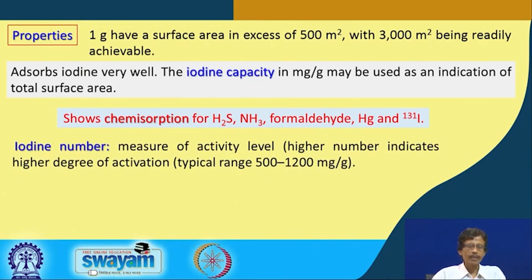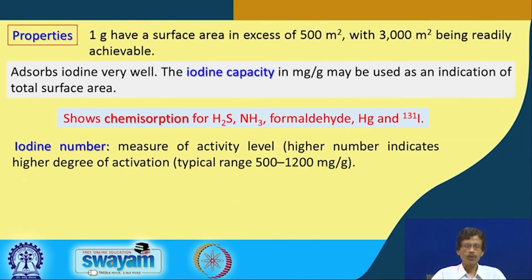Once we get that particular capacity, that reactivity, that means it can adsorb iodine. So we can determine the iodine number for any kind of activated carbon we have prepared. It basically measures the activity level, that is, how active it is. A higher number indicates a higher degree of activation, and typically we can have a range of 500 to 1200 milligram per gram of activated carbon.